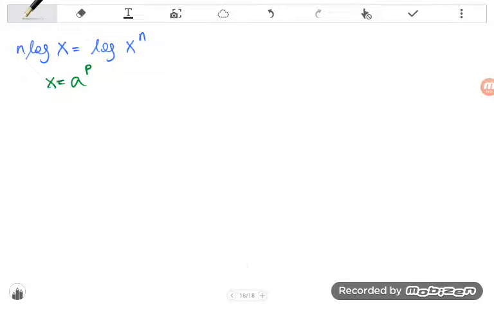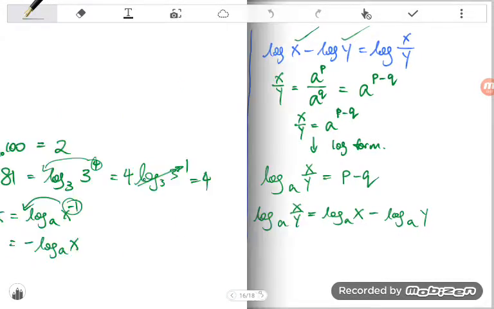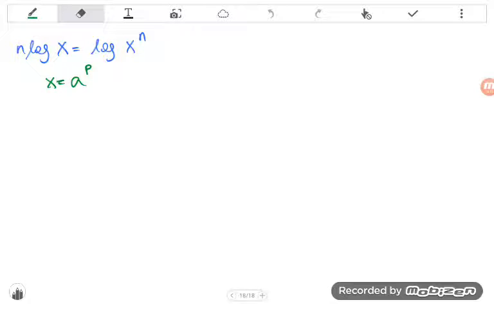I won't have any y anymore because there are no other terms. It's not like the previous two examples, where I have an x and a y. I don't have that anymore here. I just have x, so I'm just going to say x is equal to a to the power of p.